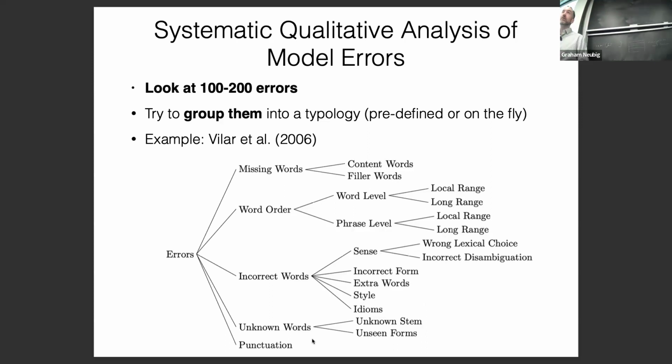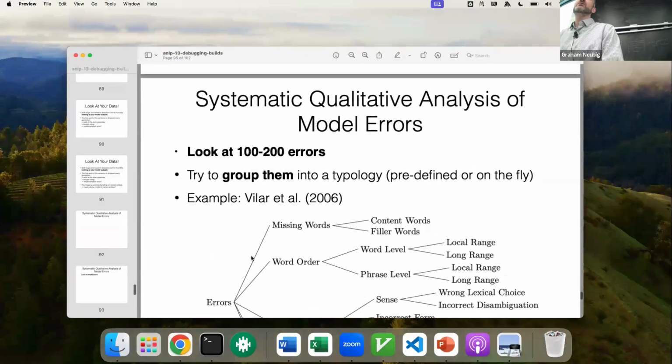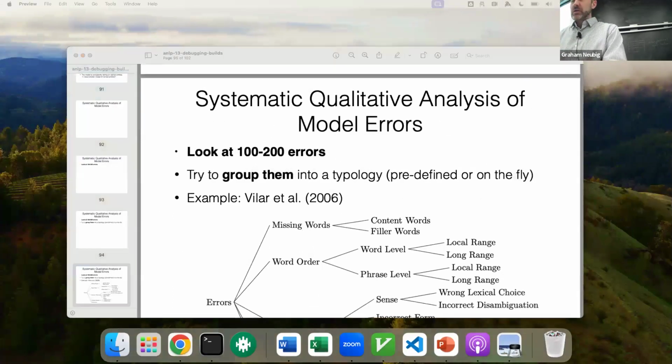You can definitely look at previous work and see the typologies of errors that they used. But the problem is, systems get better. And actually, I don't think this is a super relevant typology for machine translation anymore. Because machine translation systems don't make a whole lot of local range word level errors anymore. And rather, we might want to know more fine-grained, like, are they making mistakes on named entities or other things like that?